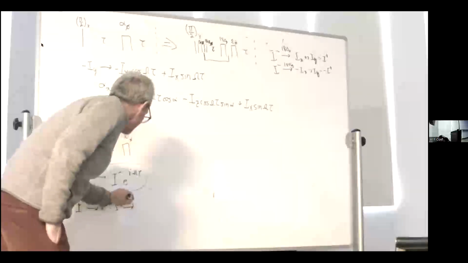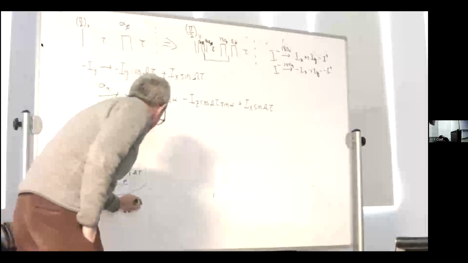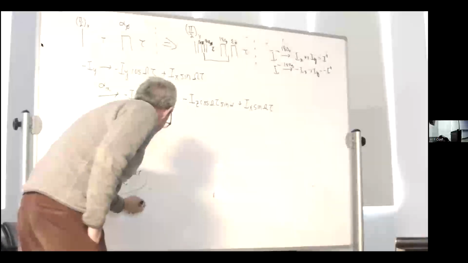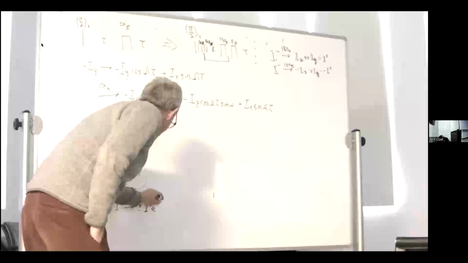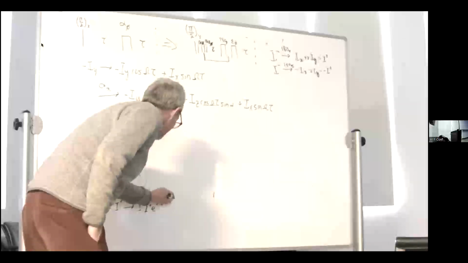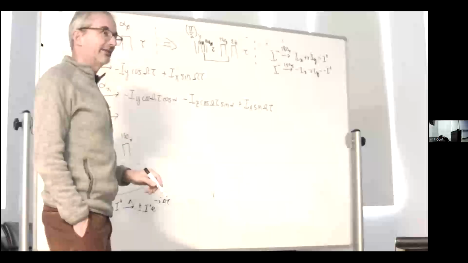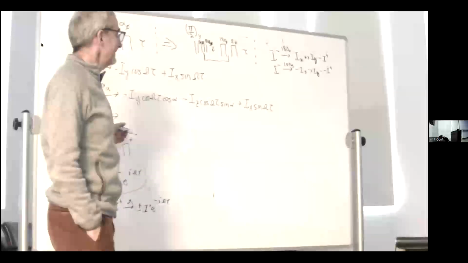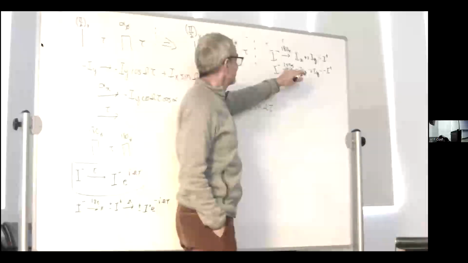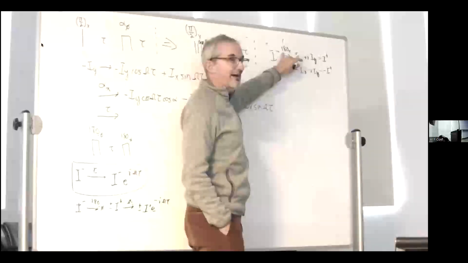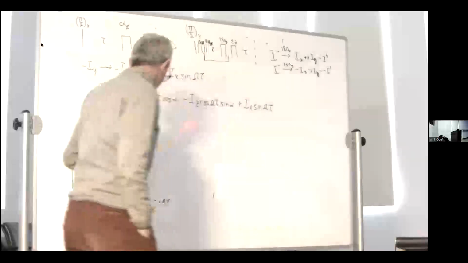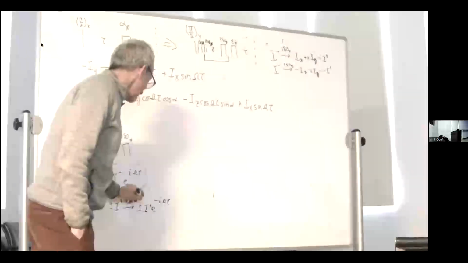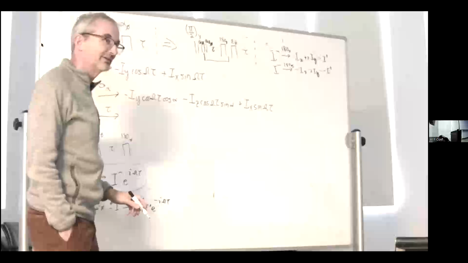And then during tau, this is going to become plus or minus I plus e to the minus I omega tau. And then when we apply the next 180, it doesn't matter whether it's plus x or minus x here. So when we apply the next 180, we're going to get another plus and minus, so these are going to cancel.